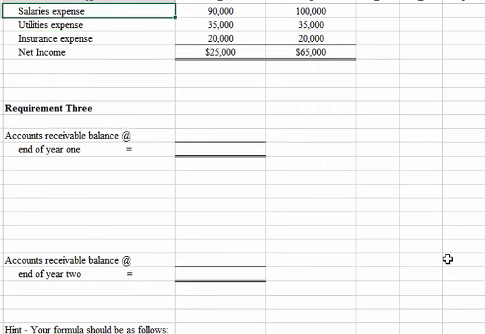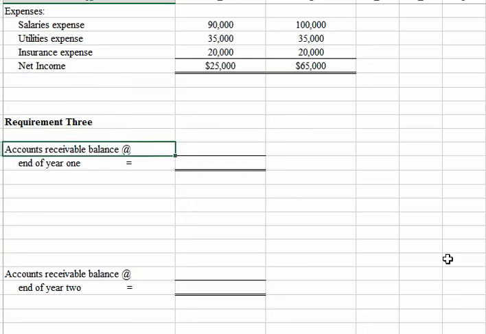So let's do that for year 1. I'm just going to do it right here. To start year 1, as far as we know, they tell us it's the first year of operations for the business. So their accounts receivable balance to begin the year was 0. Plus, what did they bill during the year?